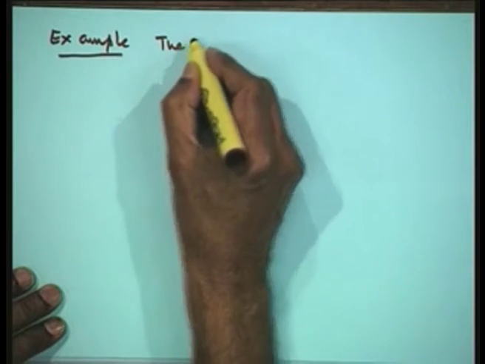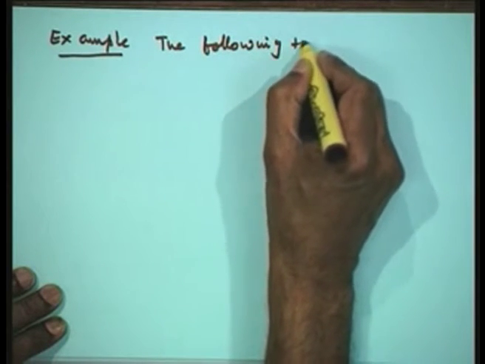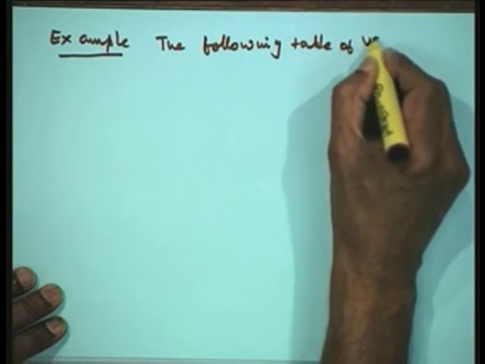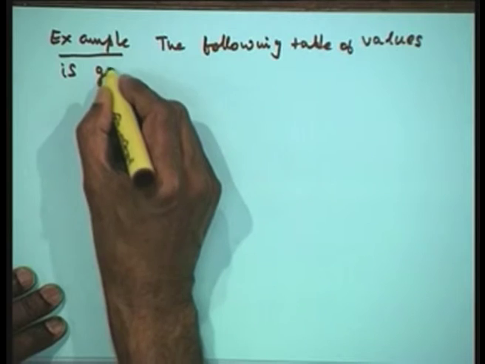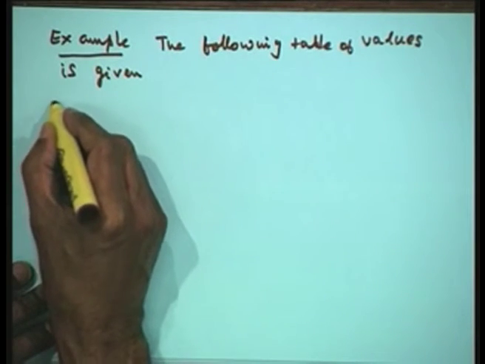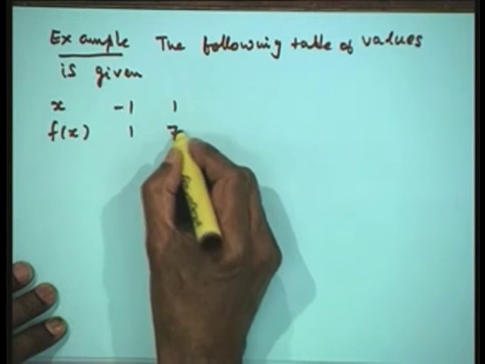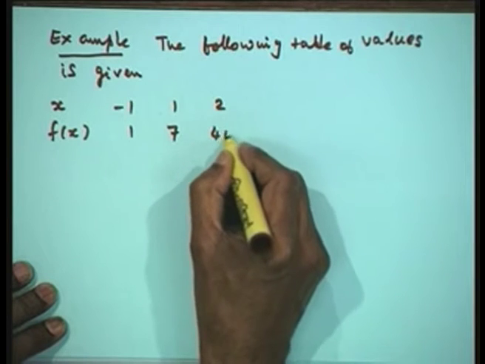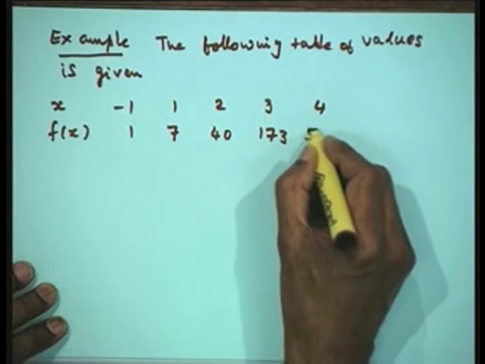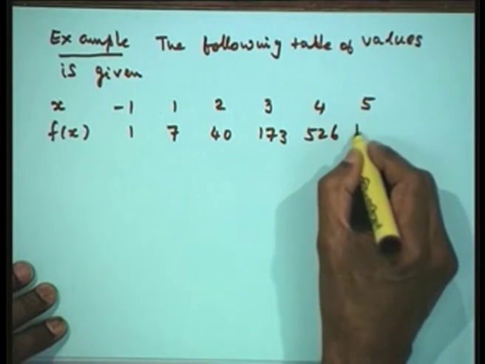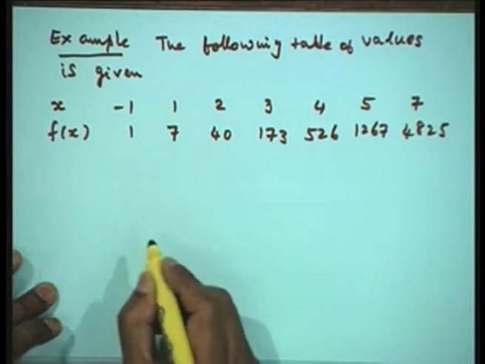The following table values are given. X, f x: minus 1, 1; 1, 17; 2, 40; 3, 173; 4, 526; 5, 1267; 7, 4825.